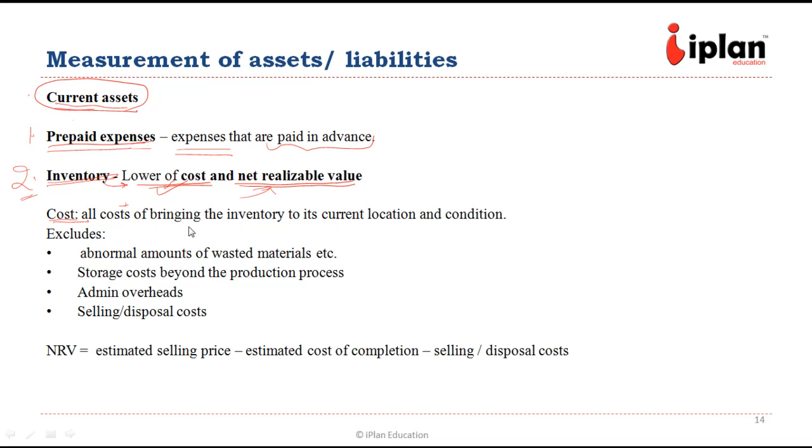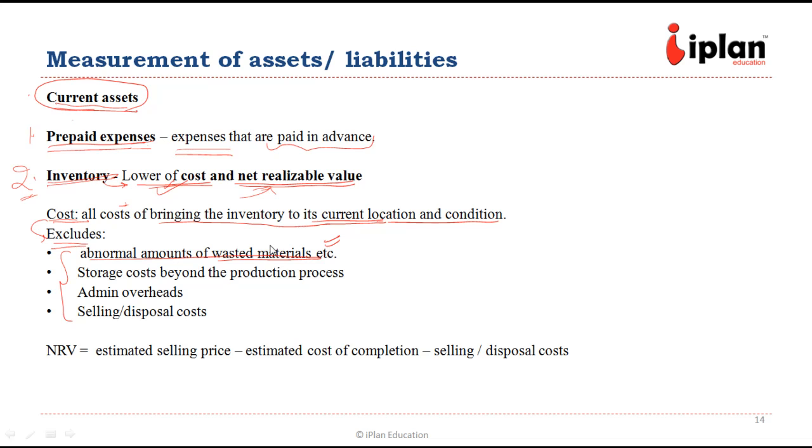This cost includes all the costs which have been involved in bringing this inventory to the current location and the current conditions. But if we are valuing this inventory, we should exclude these costs. The first one is abnormal amount of wasted material.